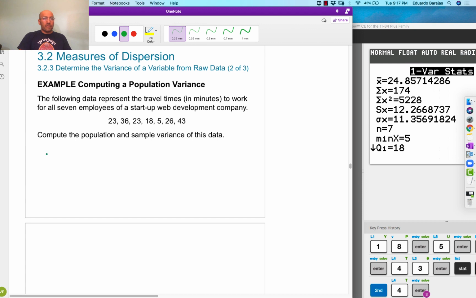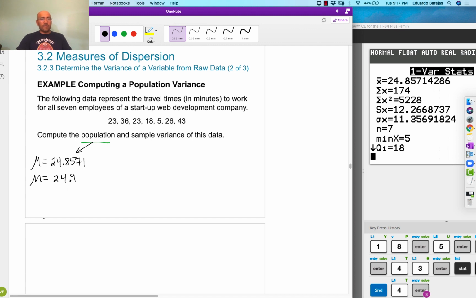So if this was considered to be a population, then the mu would be 24.8571, which means the mu, let's just round it to about 24.9, right?